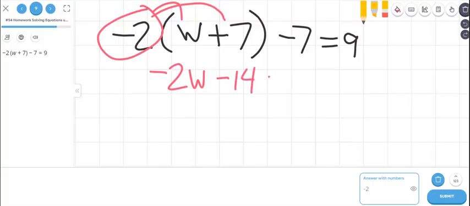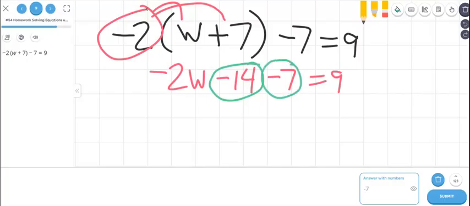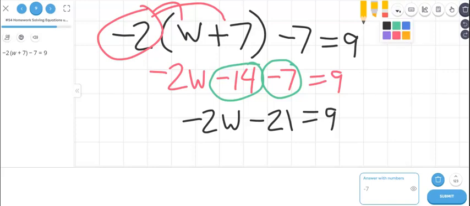And then we still have a minus 7, and it equals 9. So spicy because we have some like terms that it would be nice if we combined. So we still have our negative 2w, and then negative 14, negative 7, that's negative 21, equals 9.